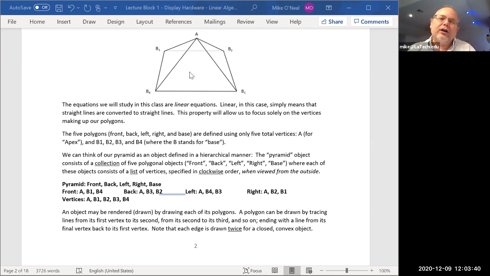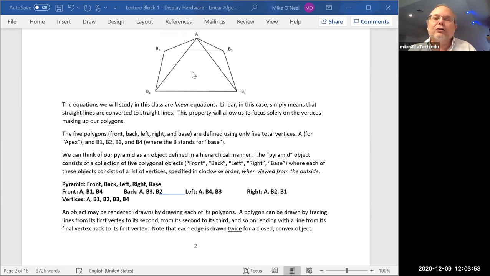If you're really close, the front edge is a lot bigger than the back edge. It distorts more the greater the difference between the distance from me to the front face and me to the back face.